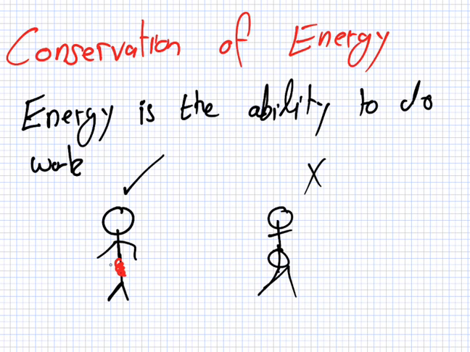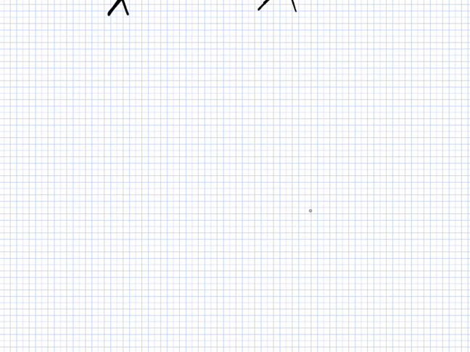So we say that this person has energy and this person does not, because this one can do work and this one can't. So if you can do work, you have energy. That's the first thing. And when you think about it, everything has energy really, because everything can do work. For example, I can do work, the lights can do work, everything can do work.